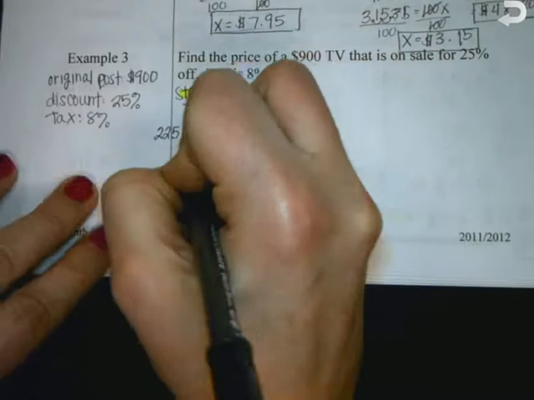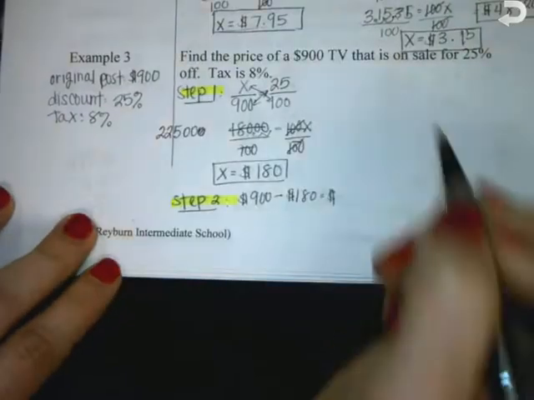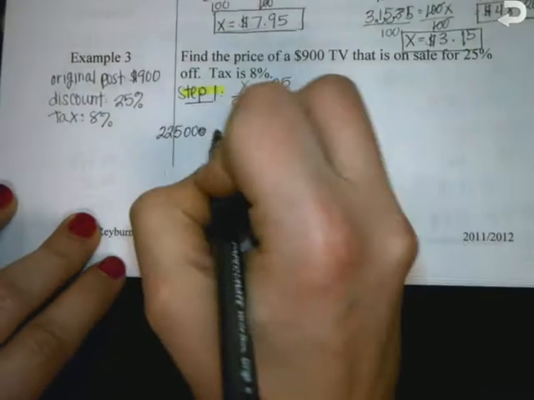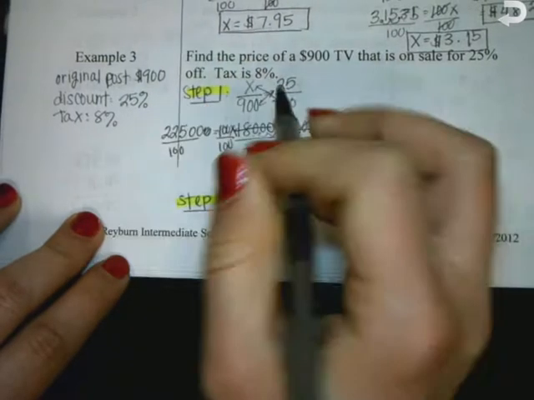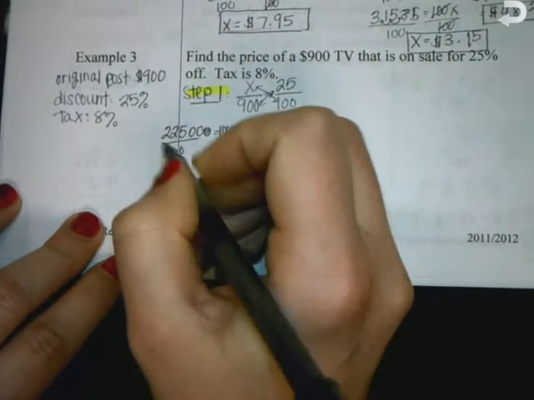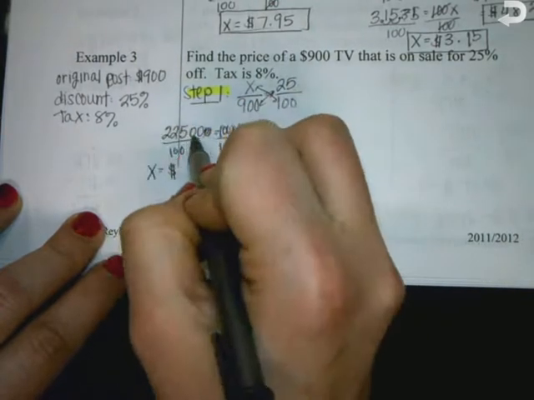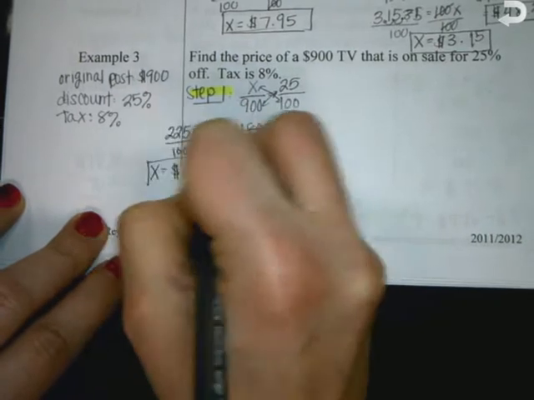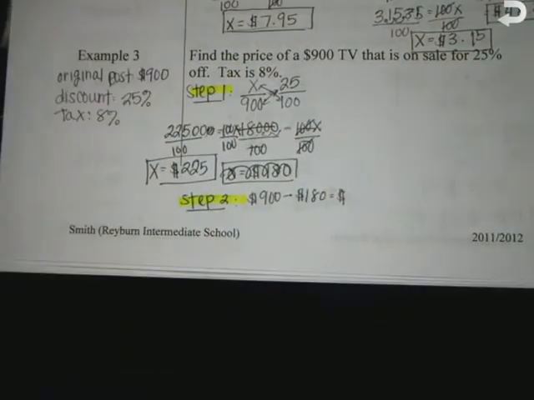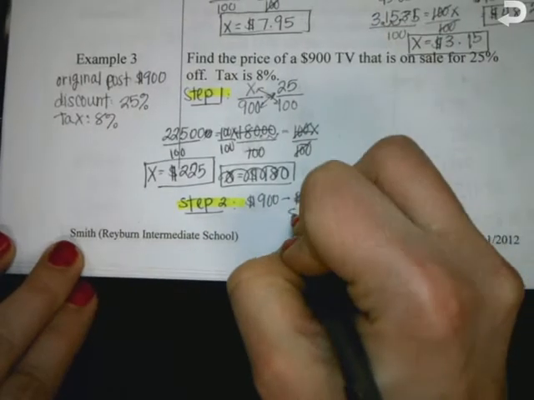So we actually get for our answer here, x equals $225. Okay. You guys feel better about that? Okay, so we are subtracting 900 minus $225. So what did that give me? $675. So my discounted price is $675.